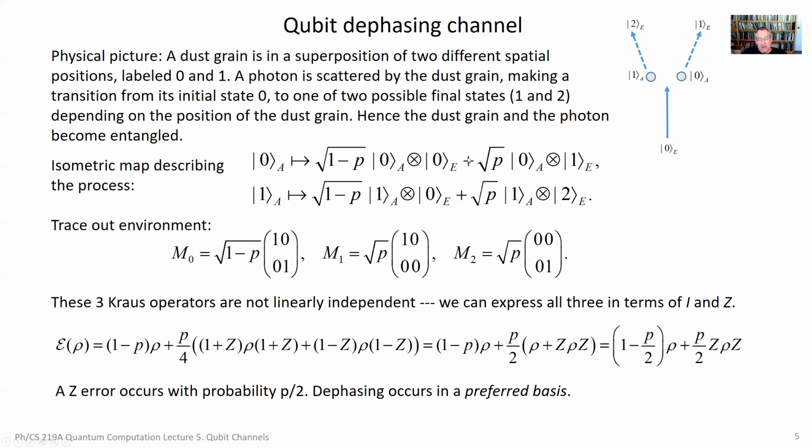And the coefficients I'm going to call the square root of 1 minus p and the square root of p. Of course, their squares have to sum up to 1 because the state is still normalized.